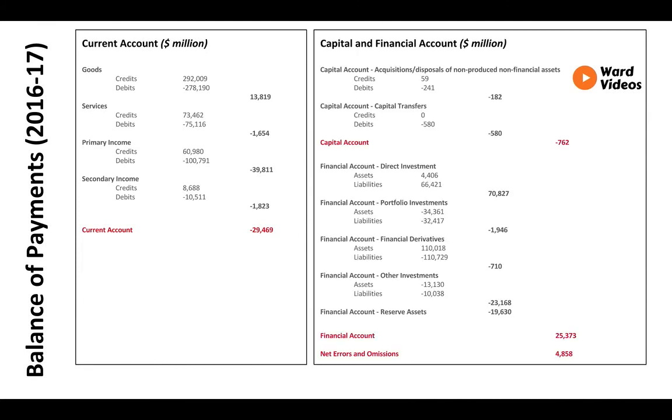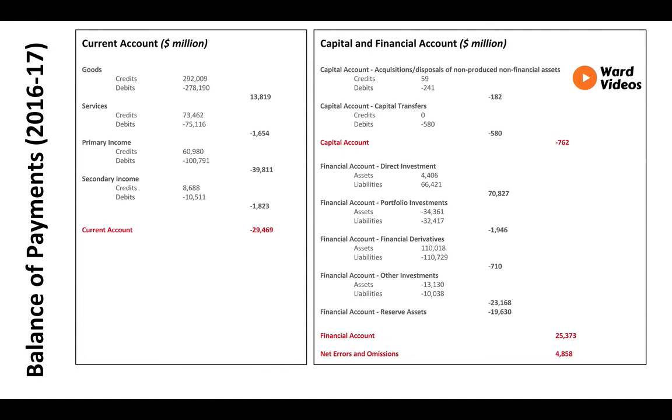While on the right, we have the capital and financial accounts. These are reversible transactions. We have the capital account with only negative $762 million, and the financial account with its 5 components: direct investment, portfolio investment, financial derivatives, and other investments and reserve assets. In 2016-17, this was worth $25.37 billion.